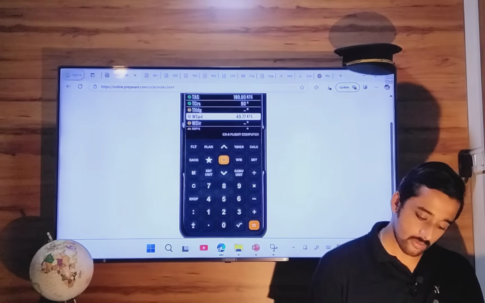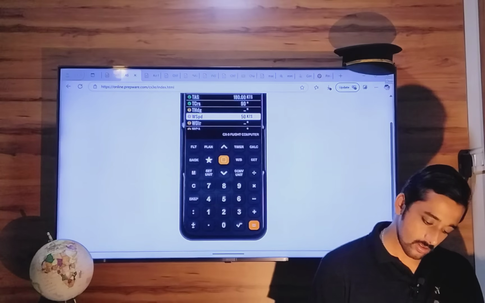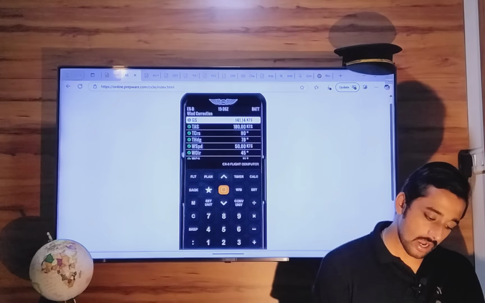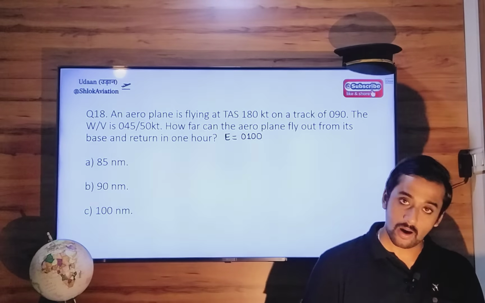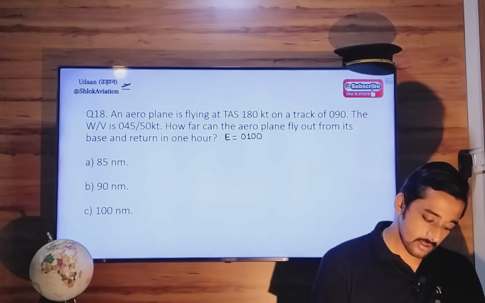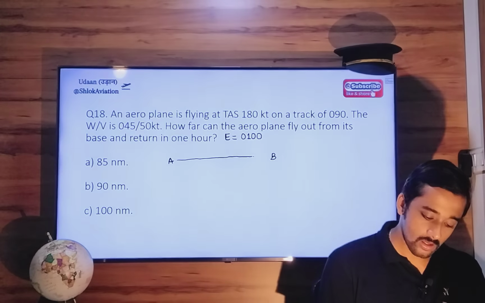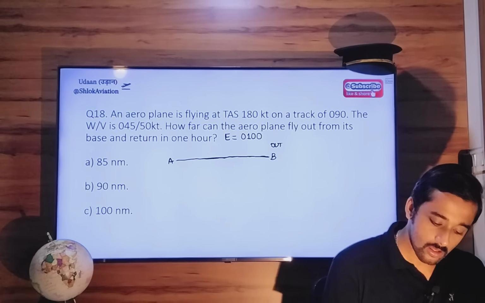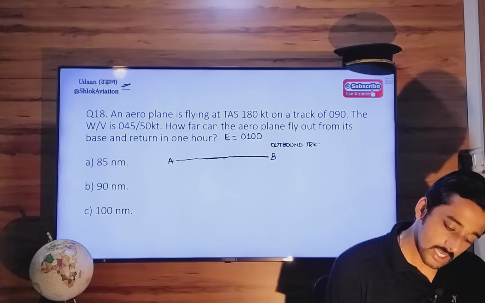Wind speed and wind direction 045 at 50. Outbound ground speed is 141 knots. Outbound ground speed, okay, you're going from A to B. Outbound track 090.